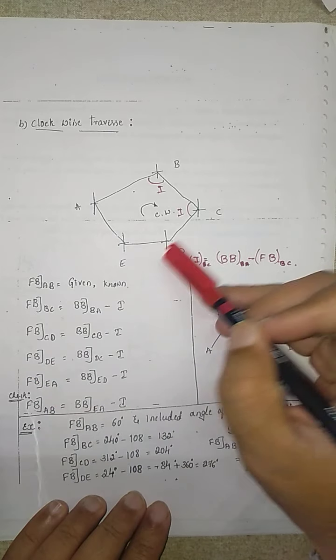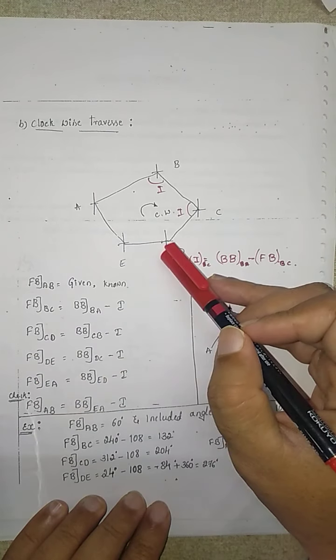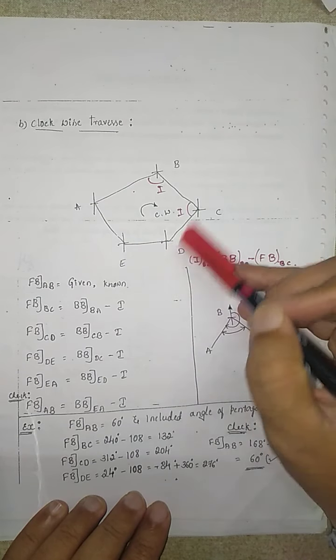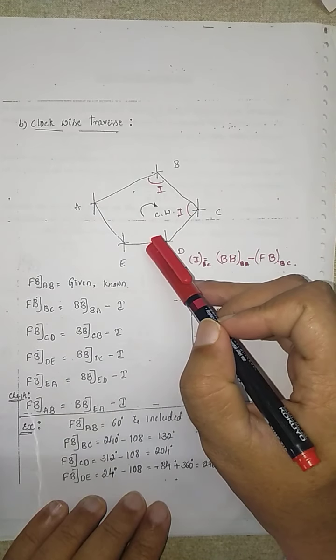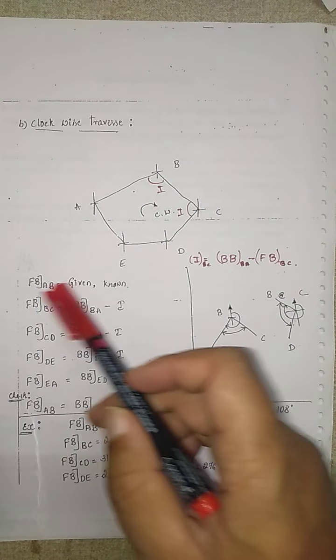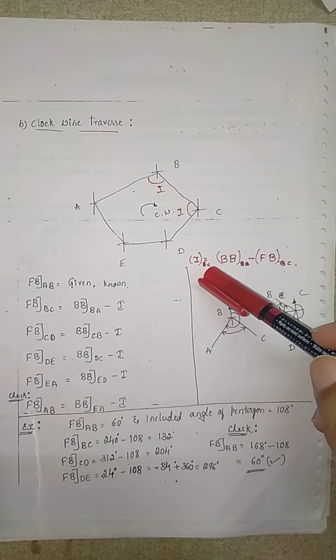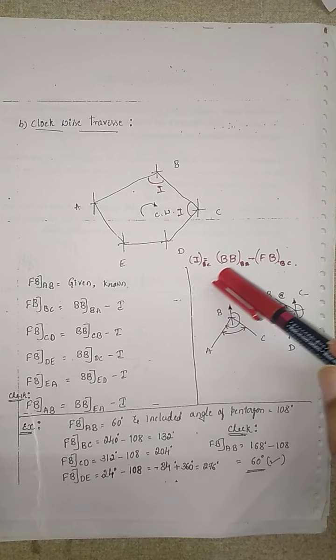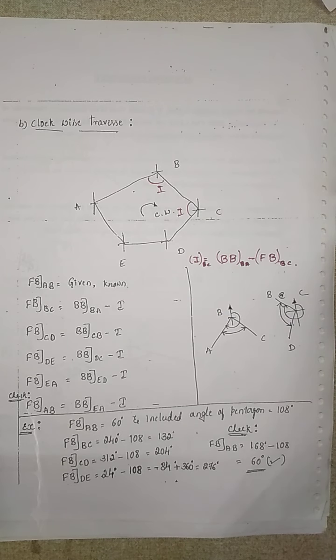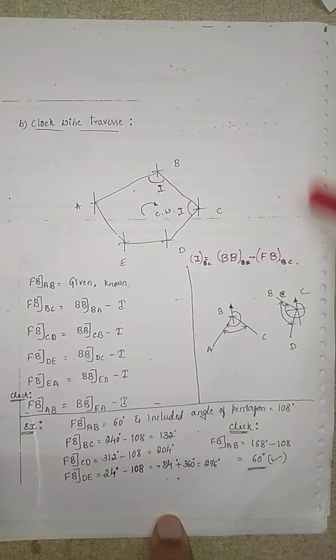Similarly, for the forebearing of the line DE, you take the back bearing of the line DC minus the included angle. So if you want to calculate the forebearing, it is back bearing minus included angle, and if you want to calculate the included angle, it is back bearing minus forebearing. This is in case the traverse is in the clockwise direction.